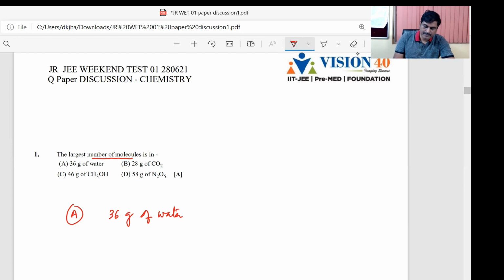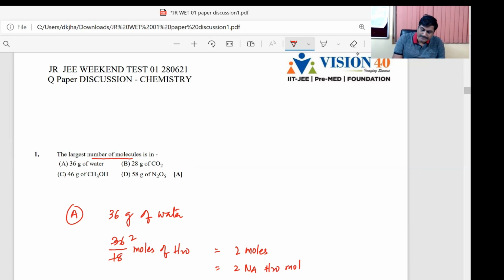How many moles? 36 divided by 18, where 18 is the molecular weight of water, so we directly get 2 moles of H2O. Then the molecules is equal to 2 Na H2O molecules. Correct now?